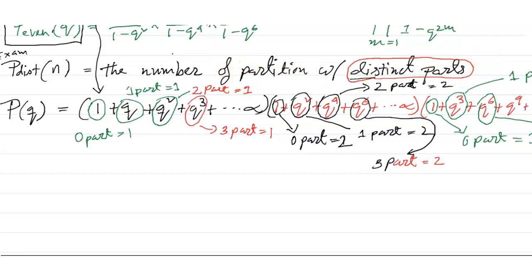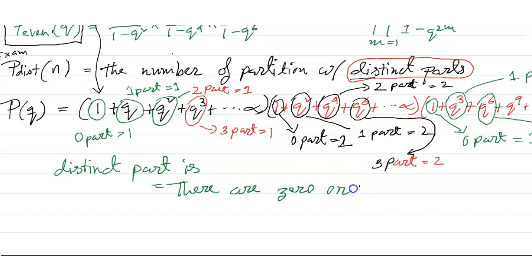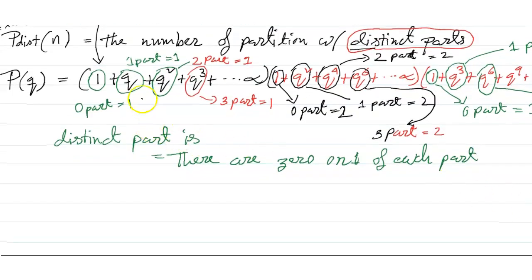So friends, if we observe this series, we see the distinct part is there are 0 or 1 of each part. This is the distinct part, friends.